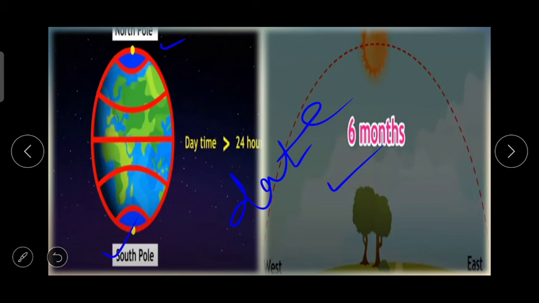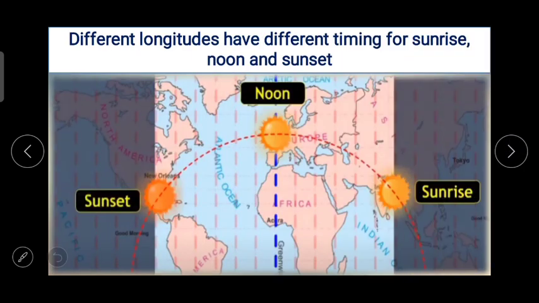So different longitudes have different timing for sunrise, noon and sunset. अलग अलग longitude पे अलग अलग टाइम है, and when it is noon at Mumbai, it wouldn't be the same at Kolkata.